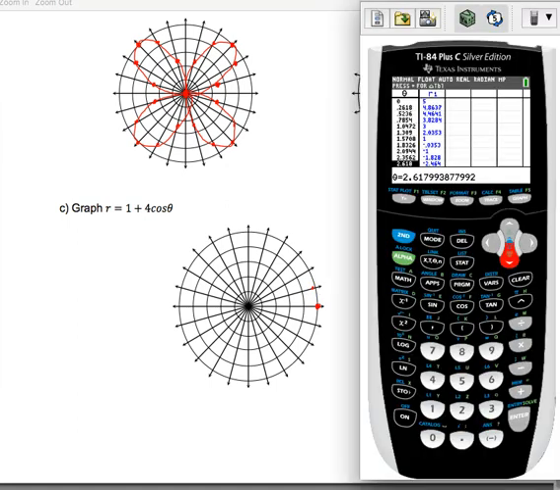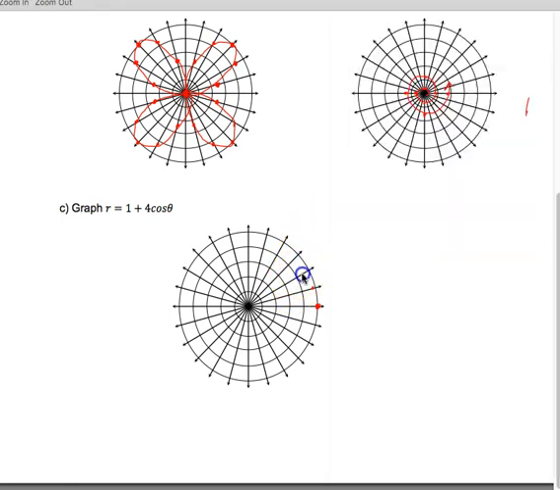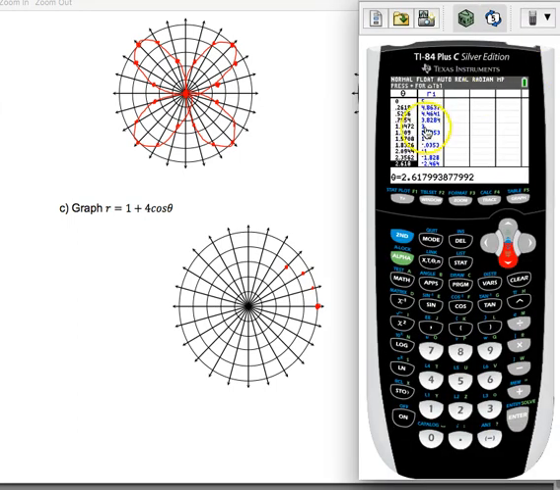Next value is 4.4 and then 3.8. So 4.4 about right here, and then 3.8 about right there. Then we've got 3, 2.03, and then 1. So essentially 3, 2, 1, very close to those.